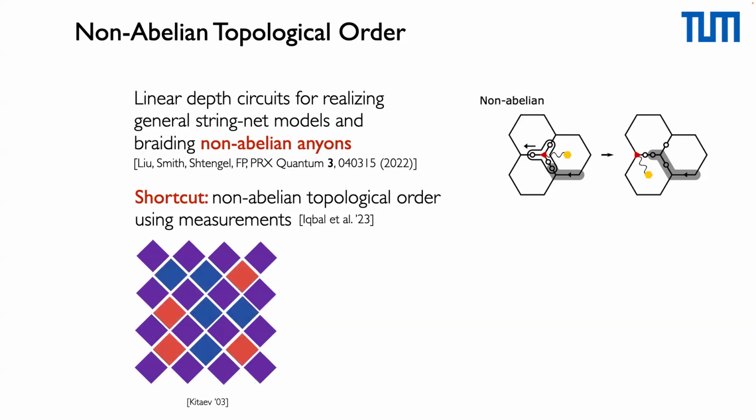Now we would do a measurement of these stabilizers, and we would find that certain star terms are unhappy, so there's a problem, and others are good. This would roughly happen with a probability of 50% that they're happy or unhappy. But now we did this measurement and we know exactly where the defects are.